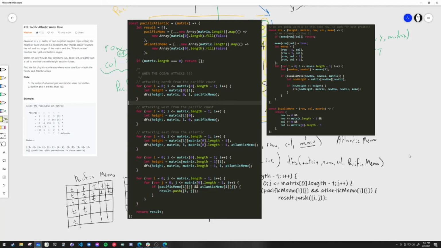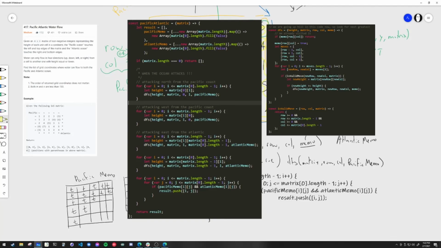Okay, and attacking from the Pacific coast. Right, so going uphill, trying to find uphills. So pass in Pacific, and if it's true, return. Otherwise, mark it true. Then we have the directions. And if it's in bounds, then new height.